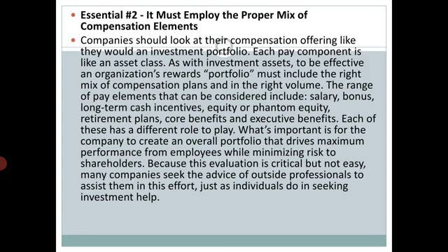As with investment assets, to be effective, an organization's reward portfolio must include the right mix of compensation plans and in the right volume. The range of pay elements that can be considered include salary, bonus, long term cash incentives, equity or fund to equity, retirement plans, core benefits, and executive benefits. Each of these has a different role to play.